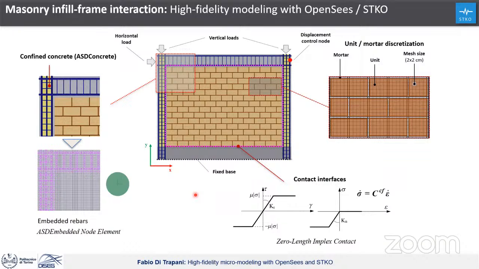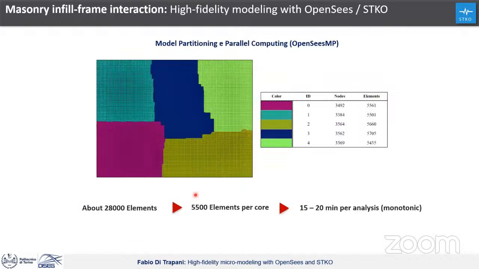The mesh dimension for this problem is very small, but as we will see for the monotonic analysis, by using OpenSees MP, the analysis will not be so slow for this kind of analysis. In fact, based on the size of the problem, this is an example for one of our frames.